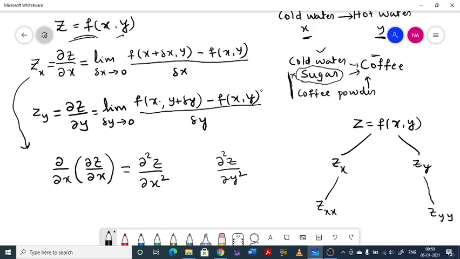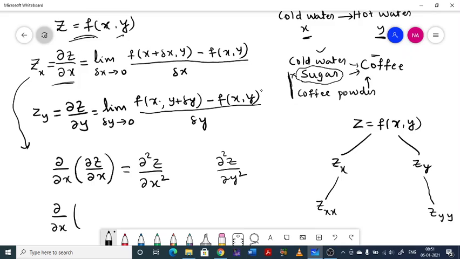Now the thing is, I have dou z by dou x, and I have differentiated that with respect to x partially to get dou square z by dou x square. What happens if I differentiate this dou z by dou x with respect to y? That is also possible. It may be a function of both x and y. I'll write that here: dou by dou y of dou z by dou x.